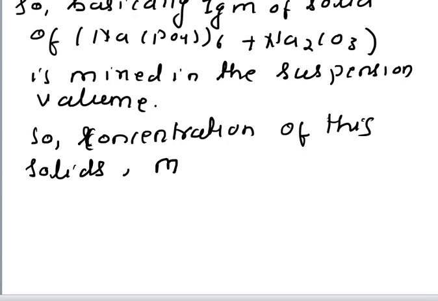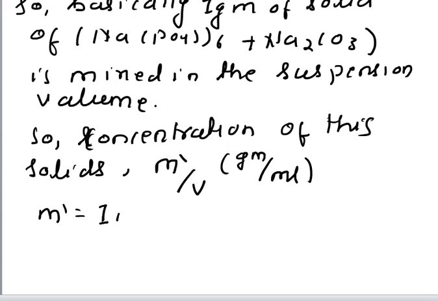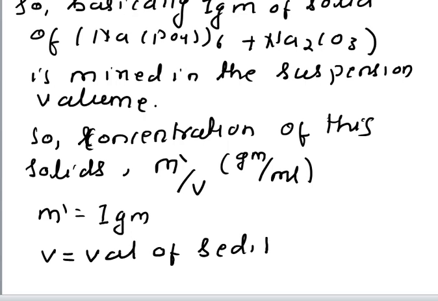Let it be m dash over V, in grams per ml. What is m dash? It is equal to 1 gram. And what is V? V is the volume of the sedimentation jar. Okay, so this is the concentration of the solution required for post treatment in the sedimentation suspension volume of the actual sample.